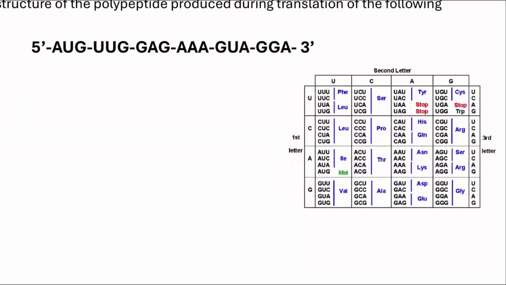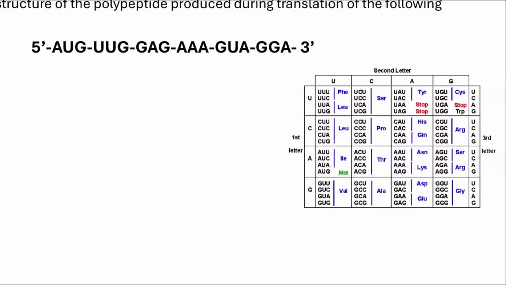When it comes to solving such a problem, all we have to do is utilize our table and write the amino acid three-letter codes or full words, depending on what the question is asking us, for the codons represented in the RNA. Whenever translation happens, the first thing we need to find within our RNA sequence is methionine. Methionine is always represented by AUG.